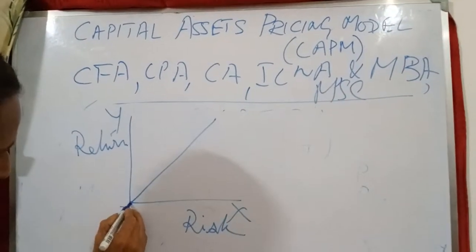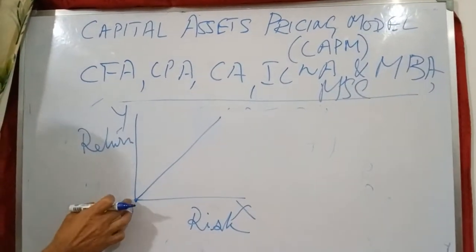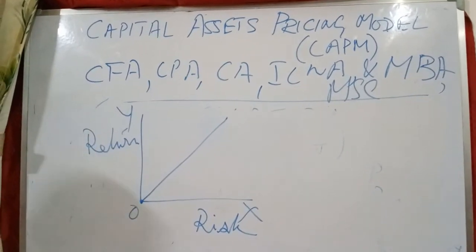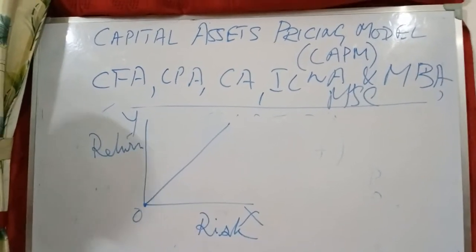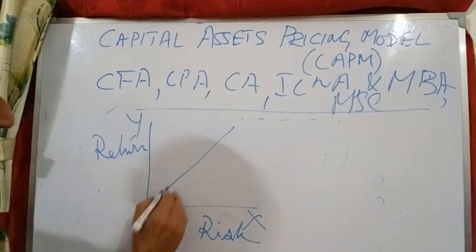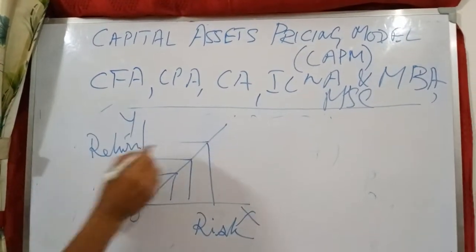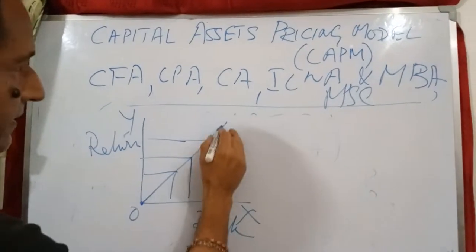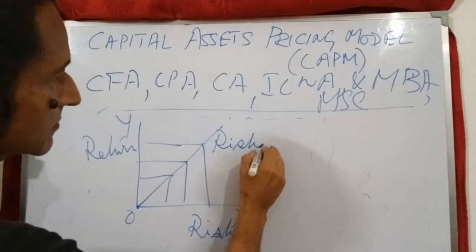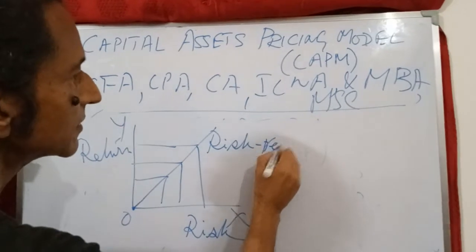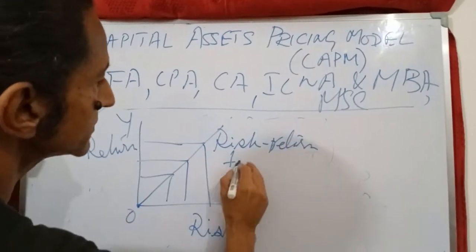At this point, at 0, there is no risk, there is no return. As the investor goes on taking more and more risk, his return also increases. This is the risk-return trade-off.